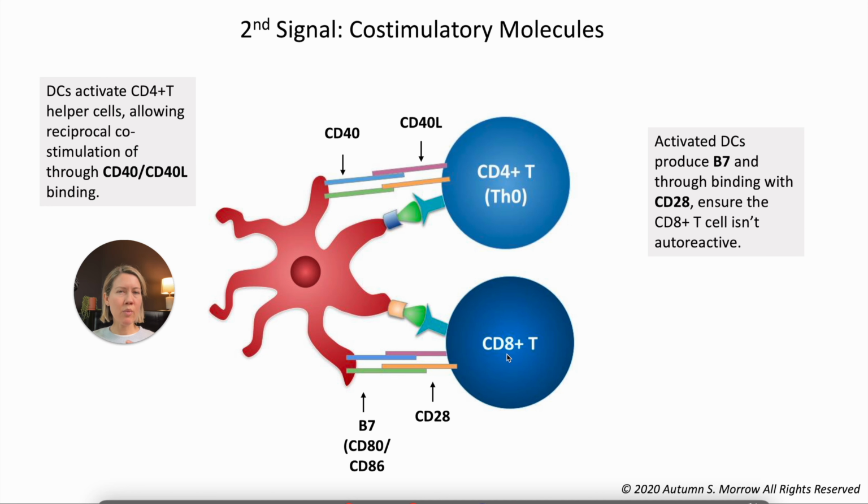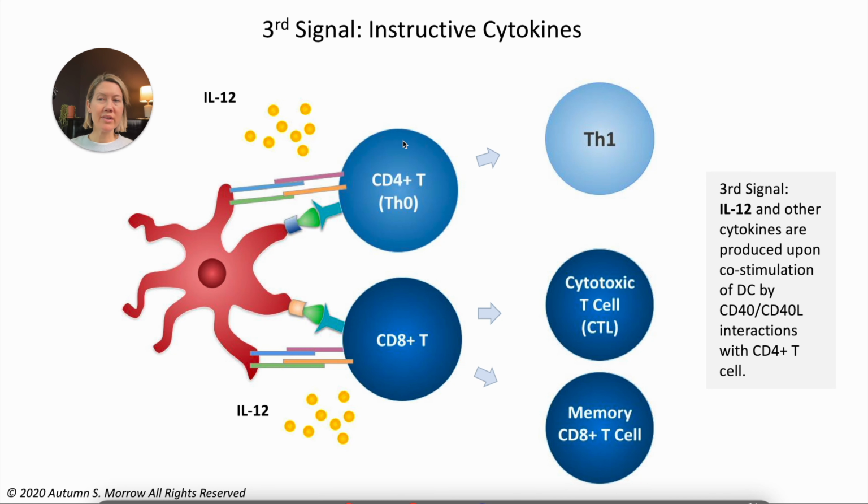For the third signal, the dendritic cell begins secreting these cytokines called IL-12. And that's in response to either being stimulated by the CD4 T cell or other inflammatory cytokines and signals in the environment. So this IL-12 combined with the inflammatory environment helps to drive the CD4 T cell to become a fully developed T helper 1 cell with effector functions.